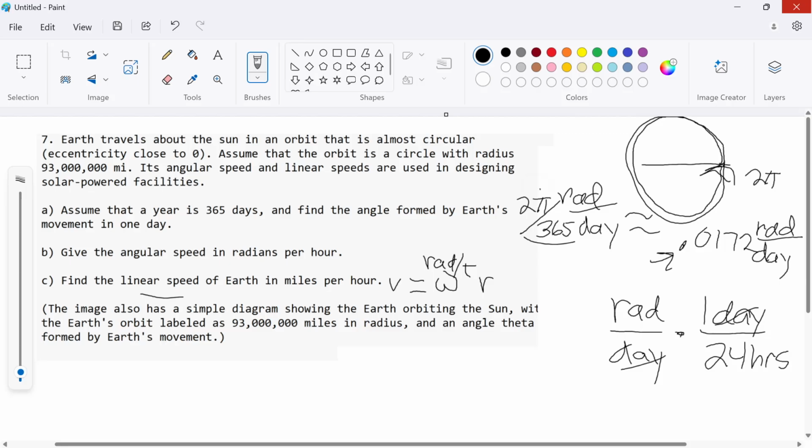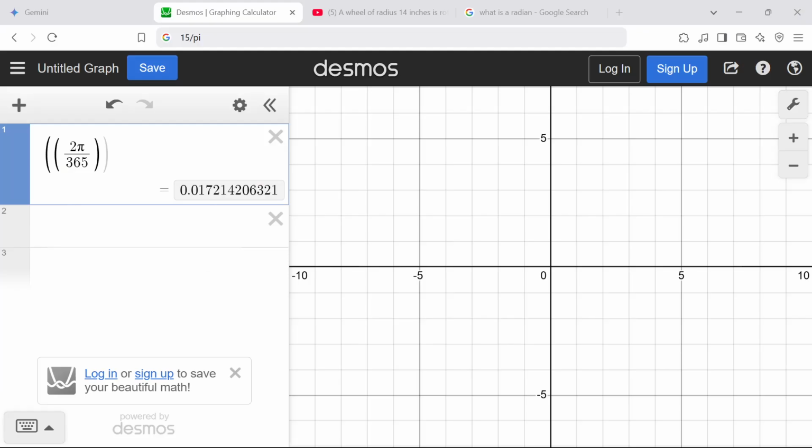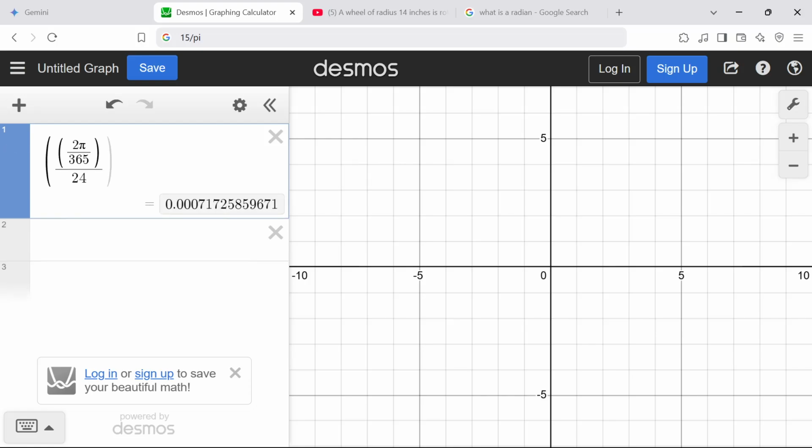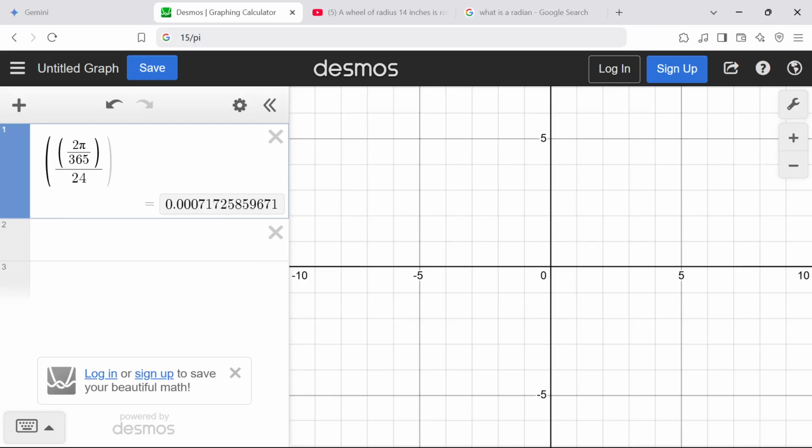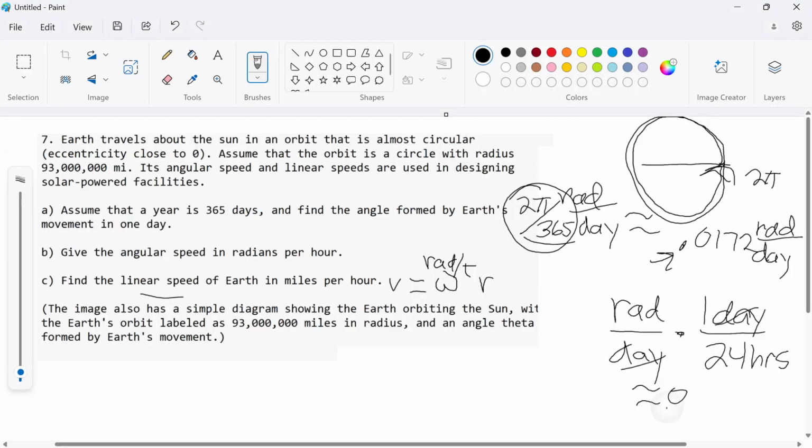I'm going to use the exact value, 2 pi over 365. 2 pi over 365 divided by 24 is approximately, for part B, 0.000717 radians per hour.